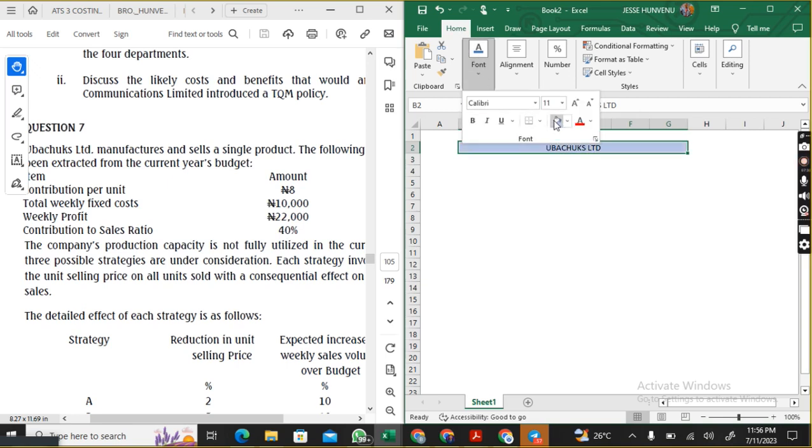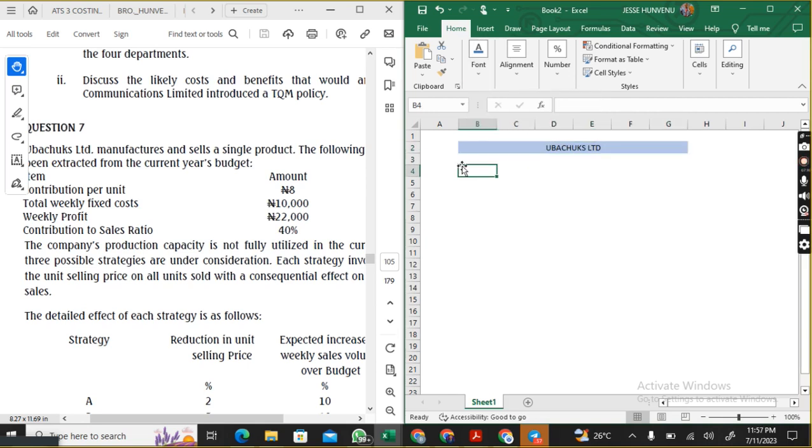Because we need to calculate our selling price per unit. In the question, how do they arrive at contribution per unit? It is by contribution per unit. That is what?